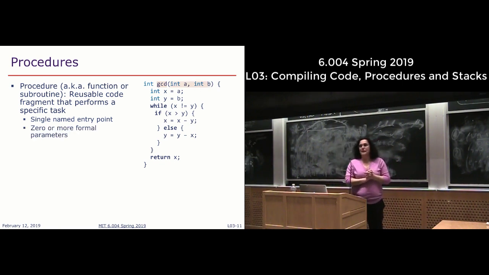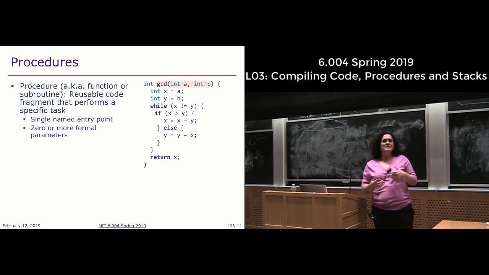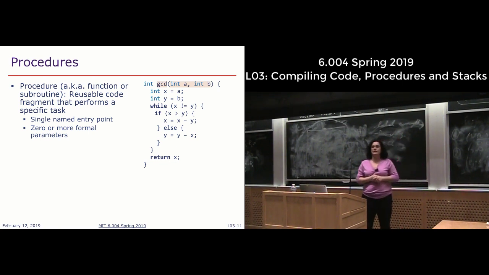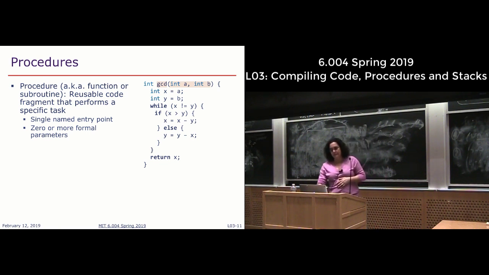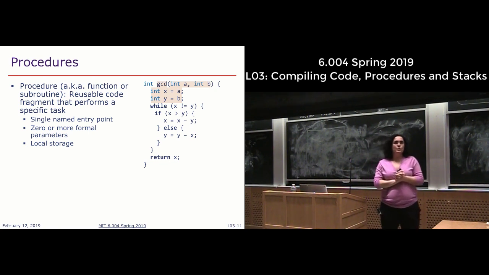Okay, what about parameters? In order to support procedures, we have to have a way of passing in some parameters sometimes, so we're going to have to think about how we're going to do that in our assembly language. In addition, we have some local storage.